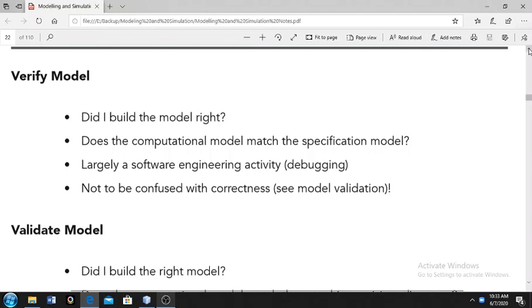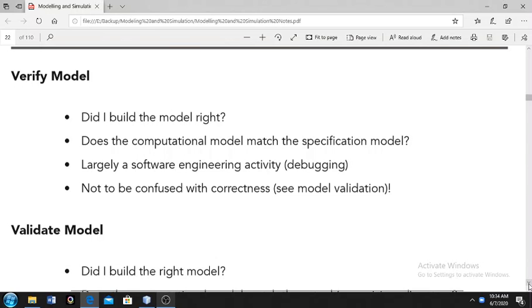But when you validate, you are validating the acceptance, and generally it is done in the presence of the client, the product owner. The product owner will come and validate whether what you have developed matches their expectation.